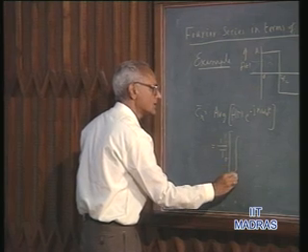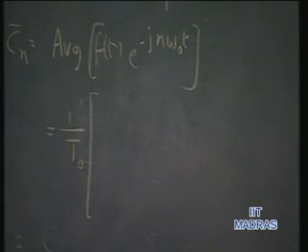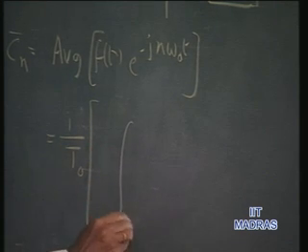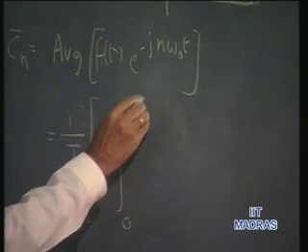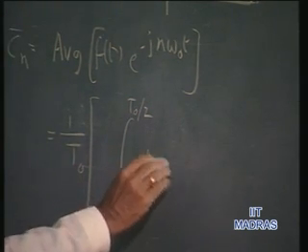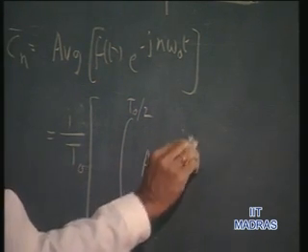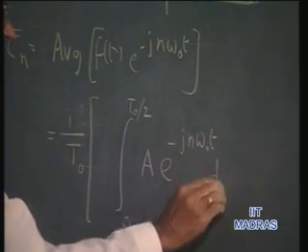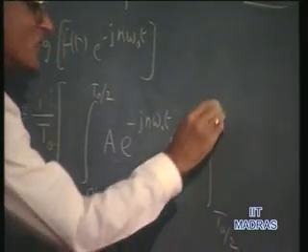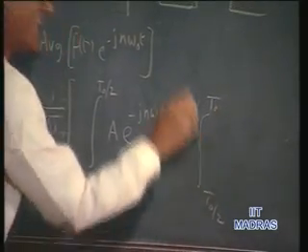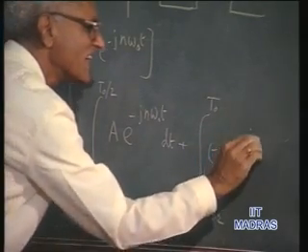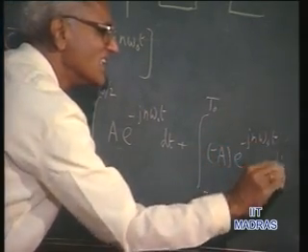Therefore, I can write this as 1 over T naught, integral from 0 to T naught upon 2, where the value of the function is A, e to the power of minus jn omega naught t dt, plus the integral from T naught upon 2 to T naught, where the value of the function is minus A, times e to the power of minus jn omega naught t dt.